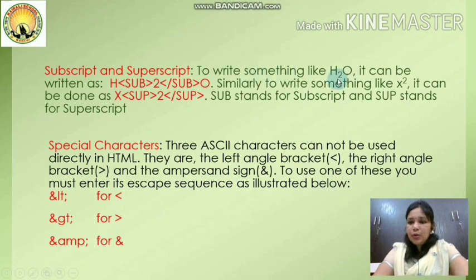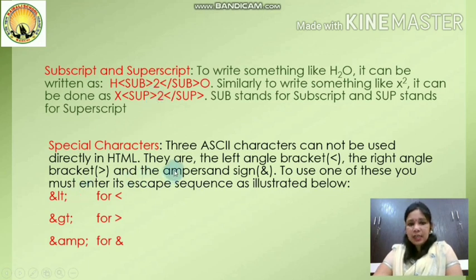Like here H2O is written, and if you want to write 2 like this, we'll start writing in the body part capital H. Then for writing 2 as the base, 2 will be enclosed inside the start tag of SUB and the end tag of SUB. Then for writing X square, same way SUP and then slash SUP. So SUB stands for subscript and SUP stands for superscript.